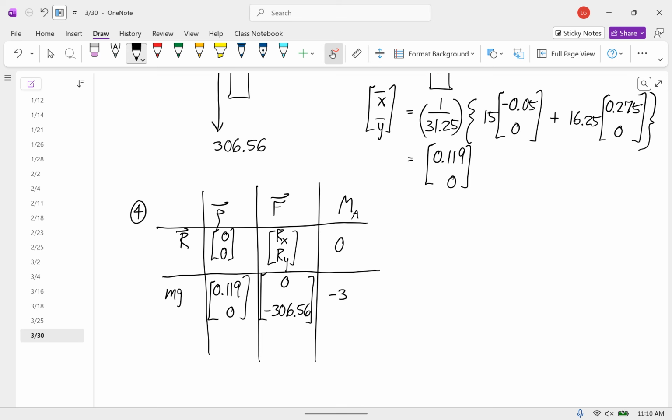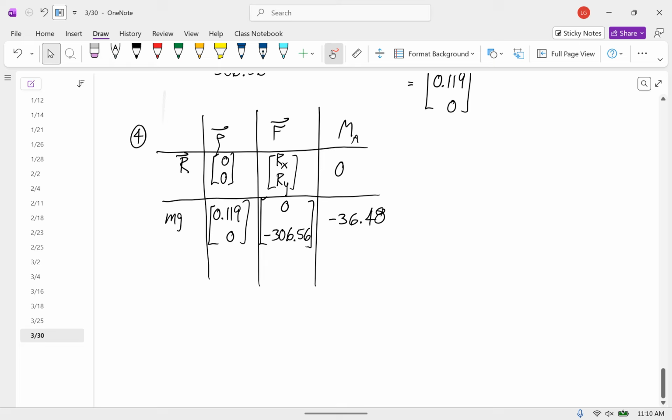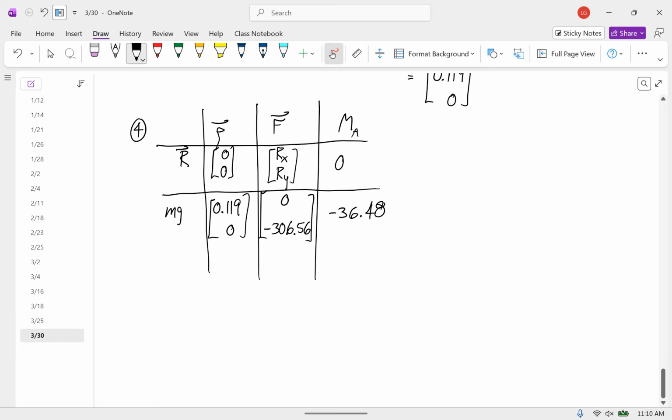So that's negative 36.48. Okay, and that's it. Notice that still 98% of the time we've spent on this problem was just finding the centroid and the moment of inertia. The rest of it is a pretty simple problem.